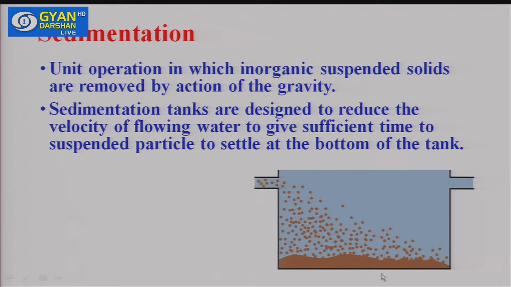In this tank, the velocity is reduced, and the water is also allowed to remain for some time, which is called the detention period. For that detention period, water is allowed to remain in this tank, and because of this reduced horizontal velocity, the solid particles settle due to their own weight at the bottom of this tank.